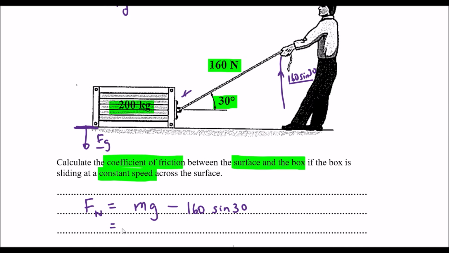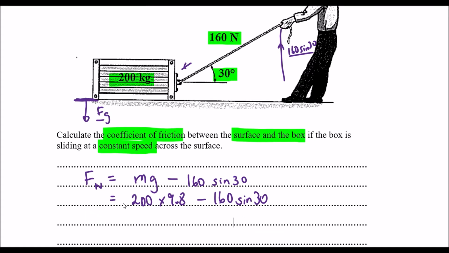Now, the mass of the box is 200 times g, which is 9.8, subtracted by 160 sine 30. Let's put that into the calculator and see what value we get at the end of that.